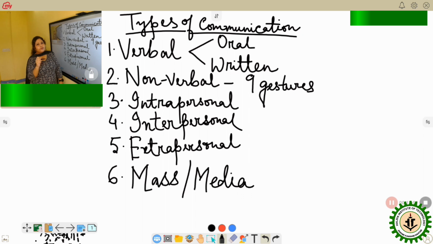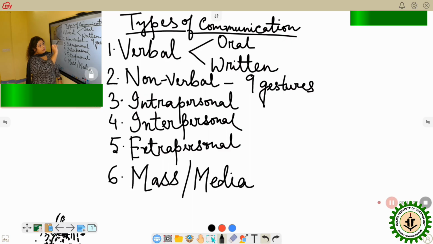So let us have a very, very quick revision of all the 6 types of communication. To begin with, communication means to share information, feelings, ideas, but communication is considered effective or successful only when there is a desired response or feedback.